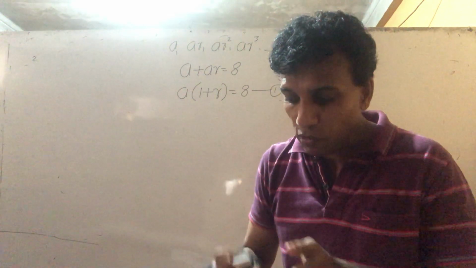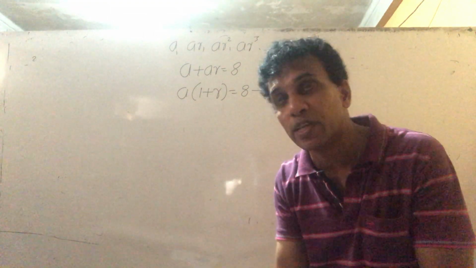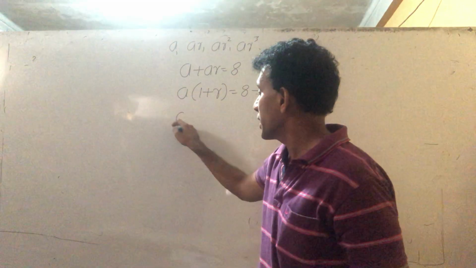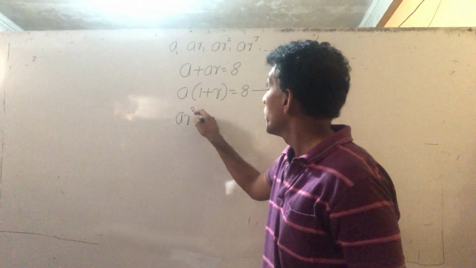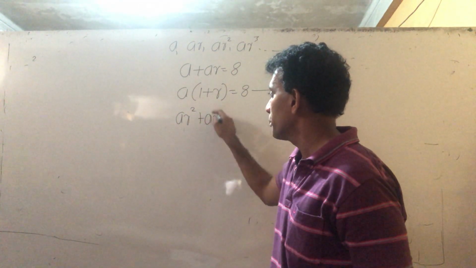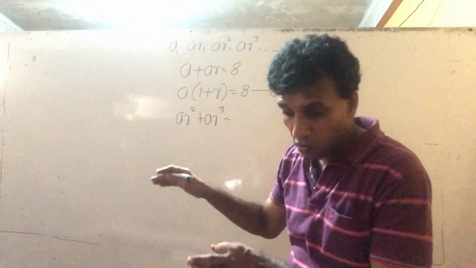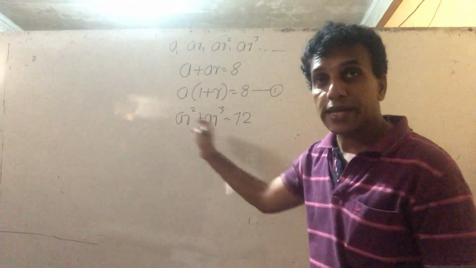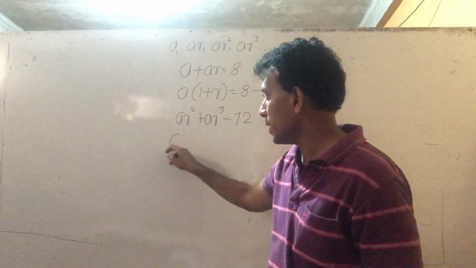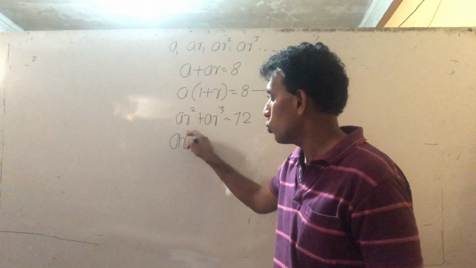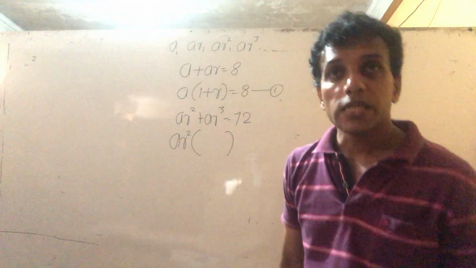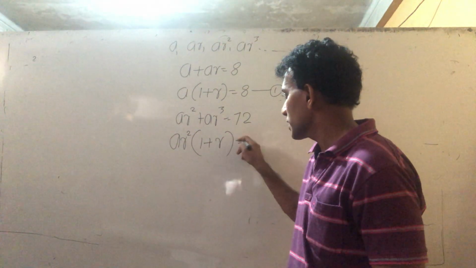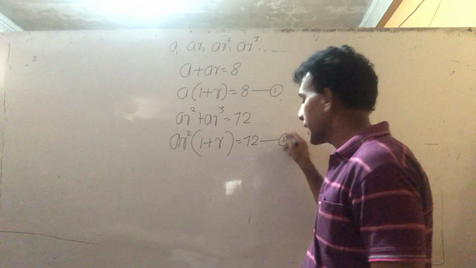But the other one, sum of the next 2 terms means what? Third term and the 4th term, right? That is ar squared plus ar cubed. Sum of the other 2 terms, 72. Factorize, take a and r squared out, then 1 plus r. So ar squared times (1 + r) equals 72. Say second equation.